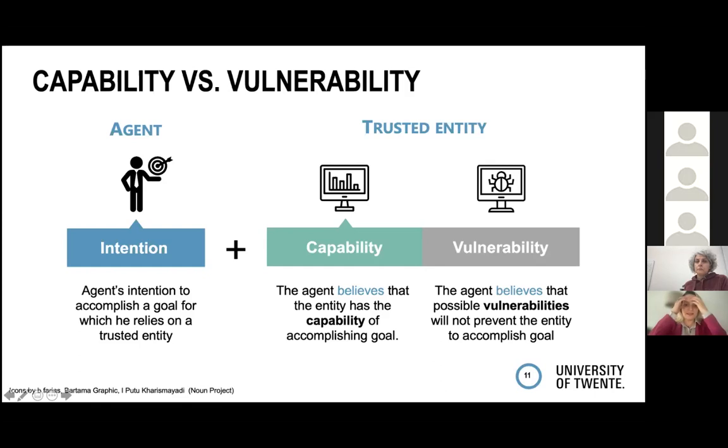So any system can be surrounded by particular vulnerabilities, right? So saying that a system is trustworthy means that it can accomplish the goal, but also that the existing vulnerabilities will not prevent that goal from being obtained.